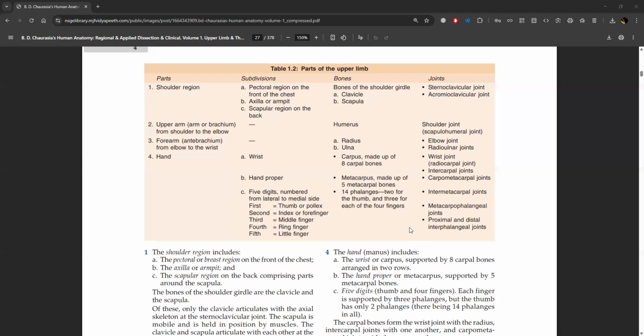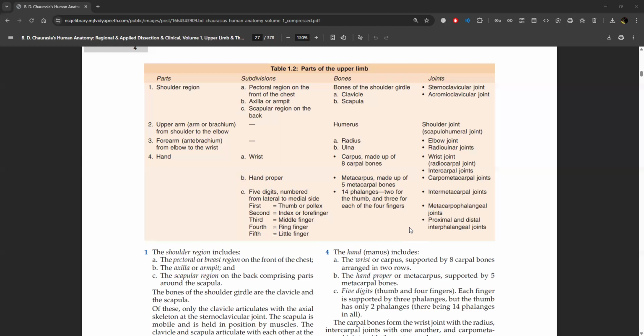Hand: wrist, hand proper, 5 digits numbered from lateral to medial side. First, thumb or pollex. Second, index or forefinger. Third, middle finger. Fourth, ring finger. Fifth, little finger. Carpus made up of 8 carpal bones.